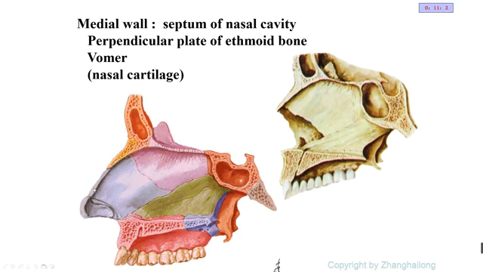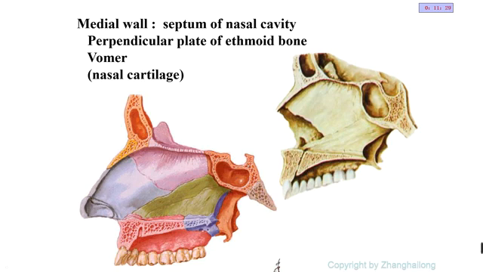And the lower part, you can easily push to the left and right side because this part is cartilage, the nasal cartilage. The apex can change direction because it's cartilage. And these three structures will form the middle septum of the nasal cavity. Two structures are bone, one structure is cartilage.